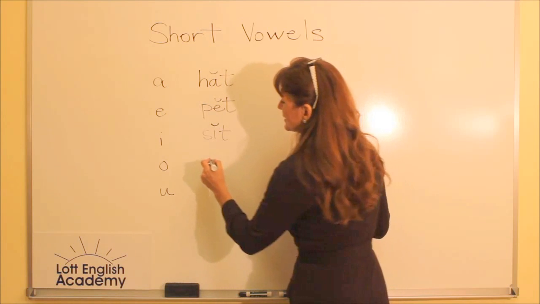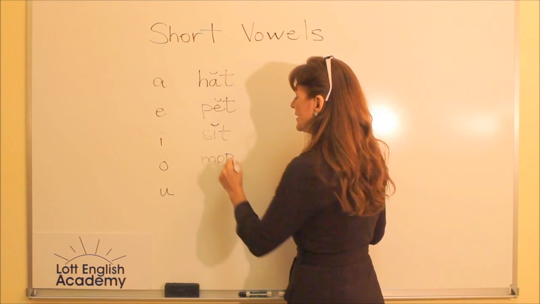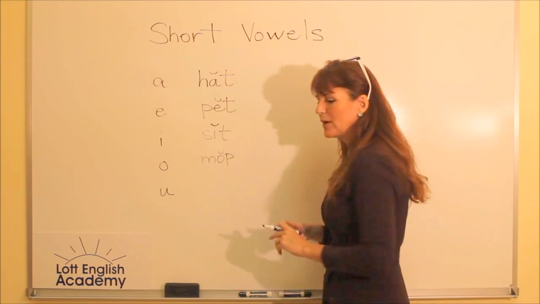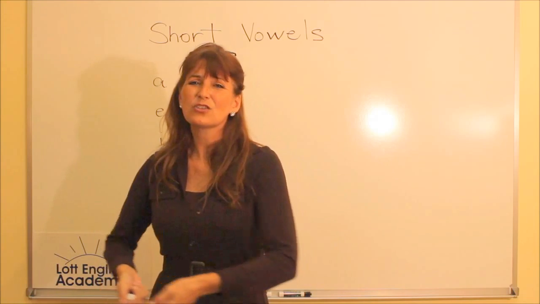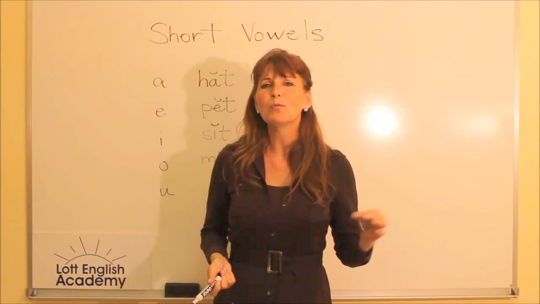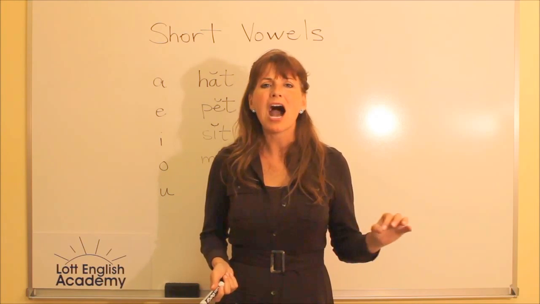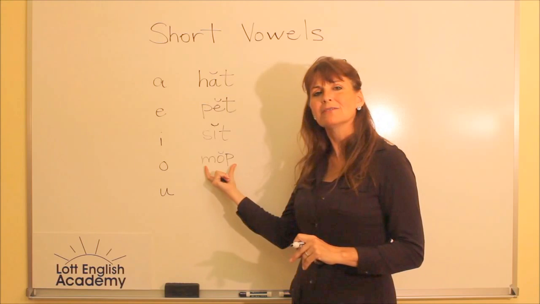And I'm going to give you an example that maybe you know. If you clean the floors where you live or somewhere else with water, and you make the floor wet and you clean it, that's called to mop, right? To mop the floor, M-O-P, mop. This is a short O sound.